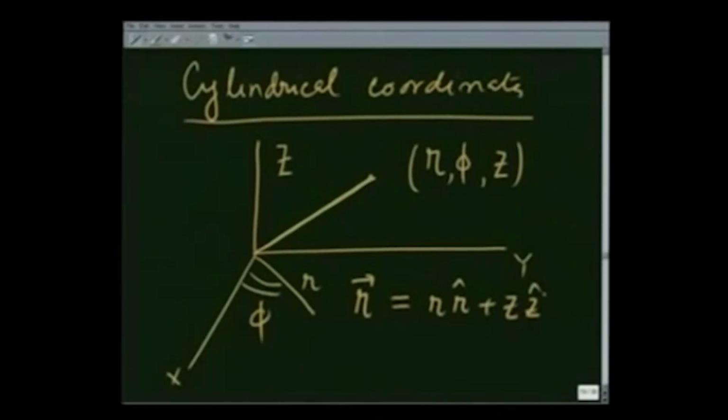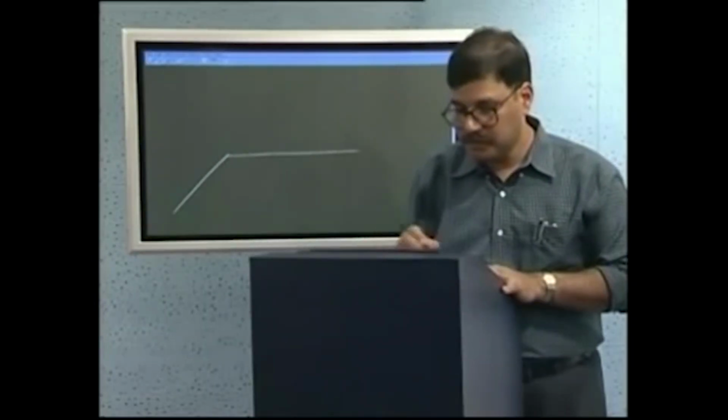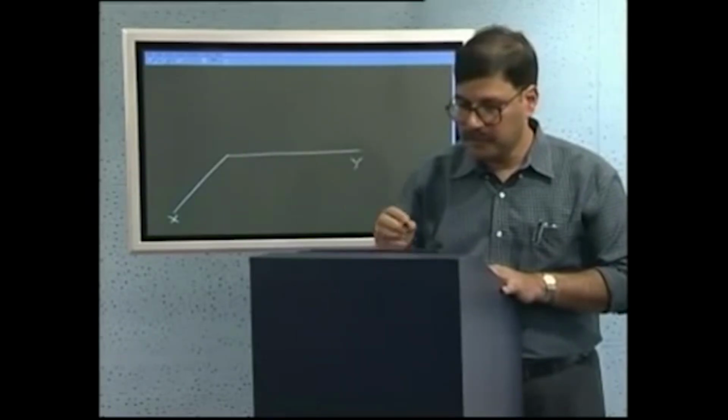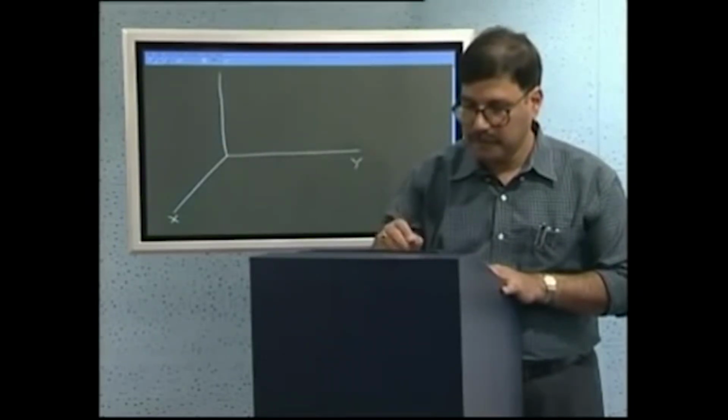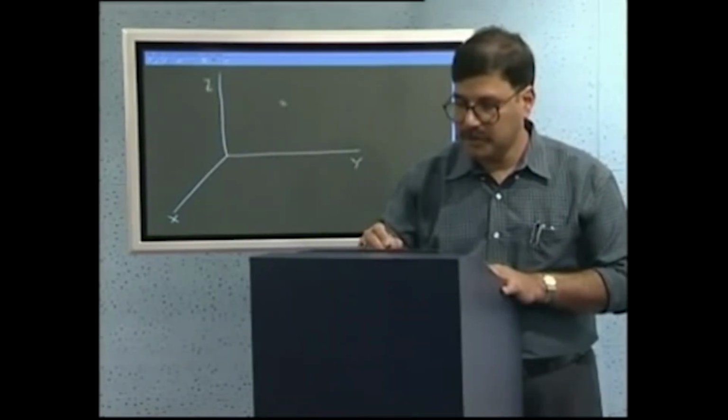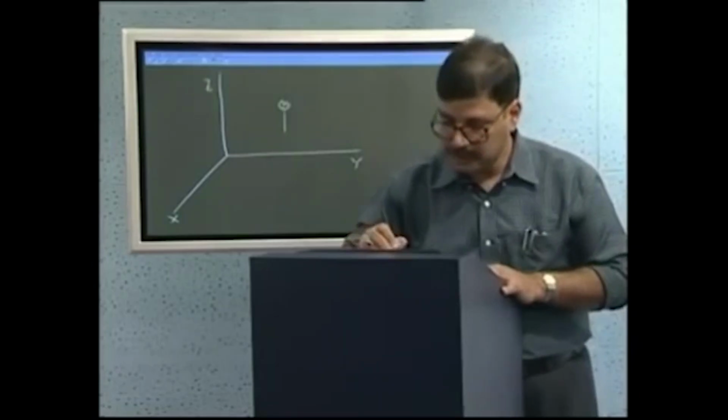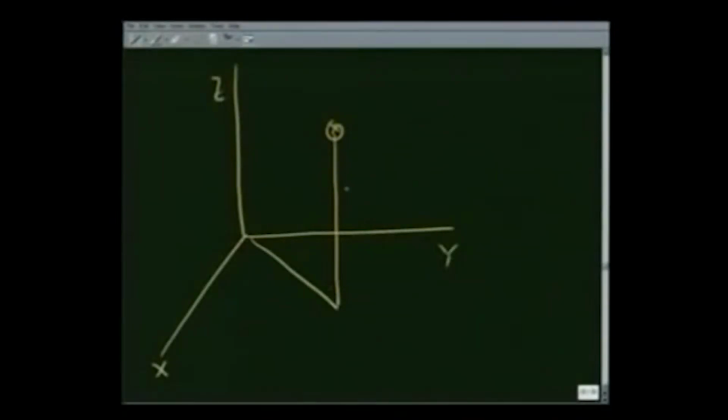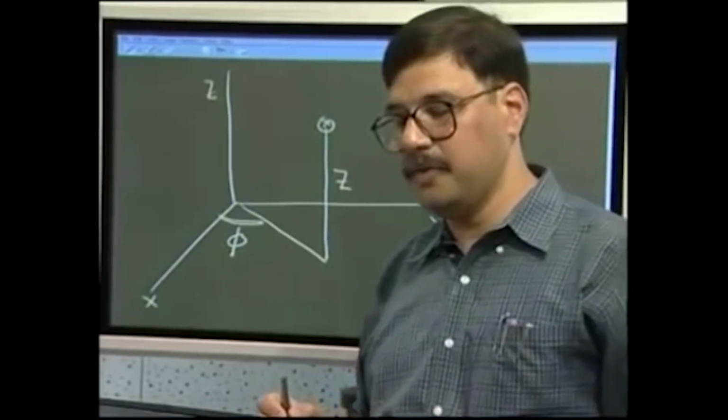Let me show it more clearly in the next picture. So, I have x, y and z. The position of the particle is here, which is at a height z from the xy plane. In the xy plane, the radius vector makes angle phi from the x axis.